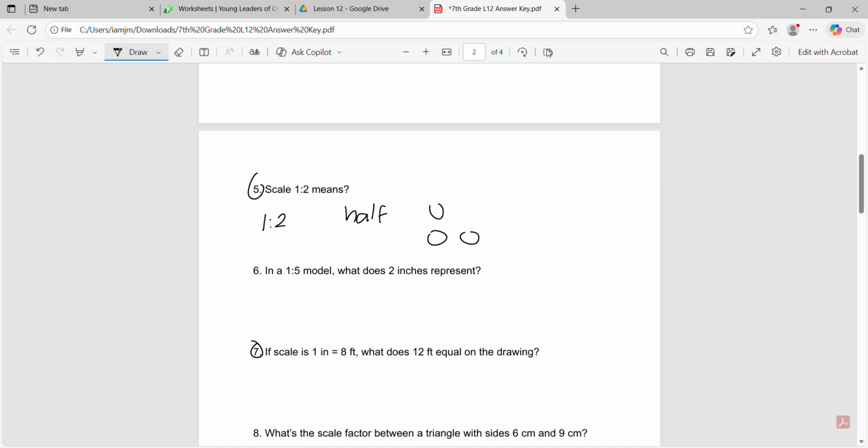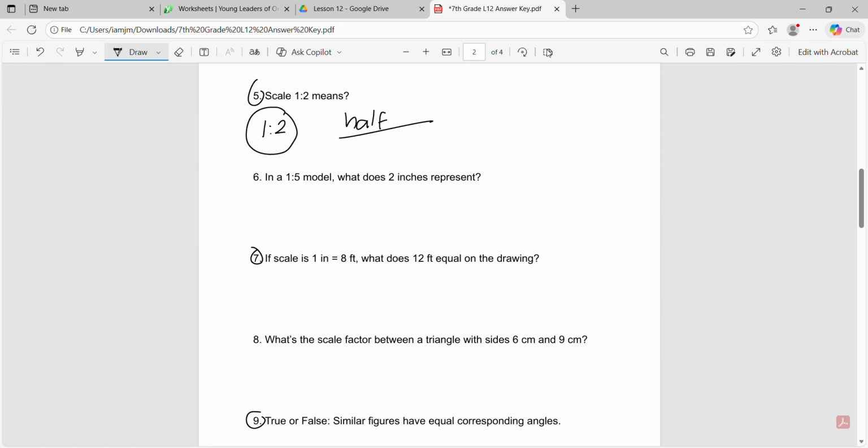So it's as if for every 2 oranges there was only 1 apple, which is only half of the original. There's only half as many apples compared to oranges. This is how I can explain the scale 1 to 2 as a half.